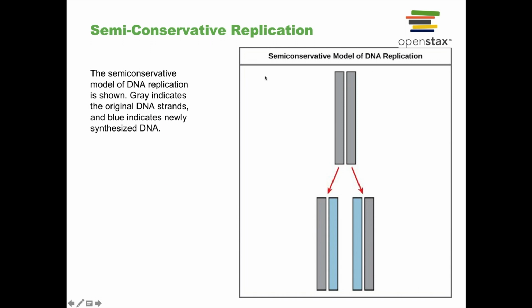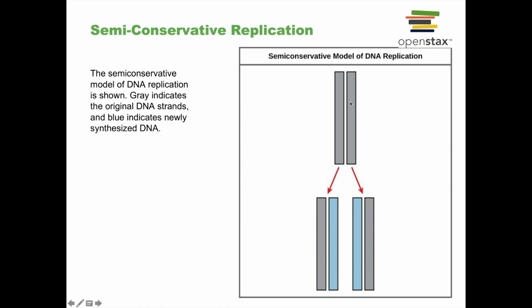The mechanism of DNA replication is said to be semi-conservative. And the reason it's semi-conservative is because when you start with what's called the parent DNA molecule, these are the two strands, we're not showing them as the double helix, just by straight lines, just for simplicity.